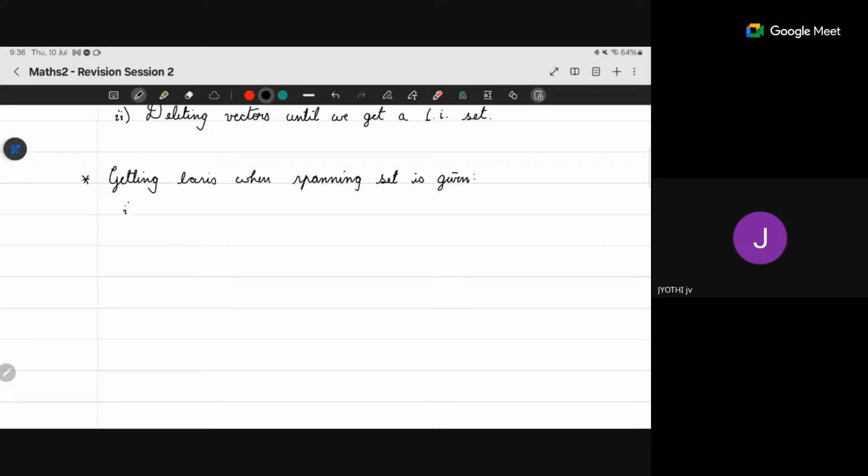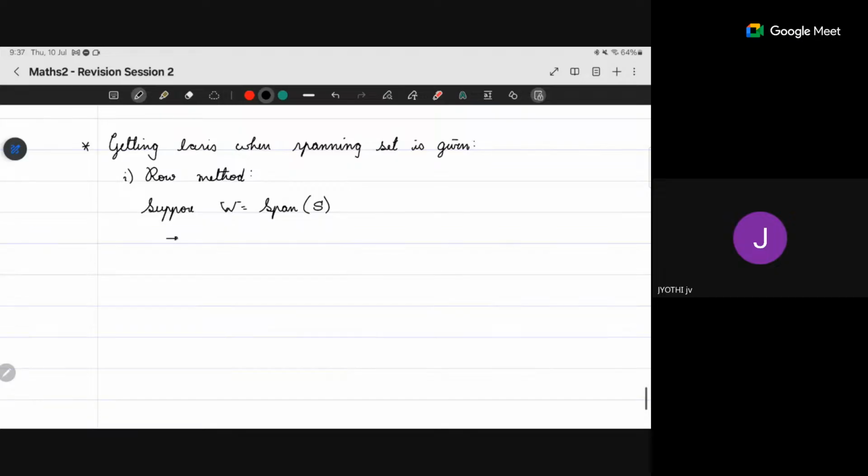The first one is the row method. Suppose W is equal to span of S. What we do is construct the matrix with vectors in S as rows, get the REF. The pivot rows form a basis.